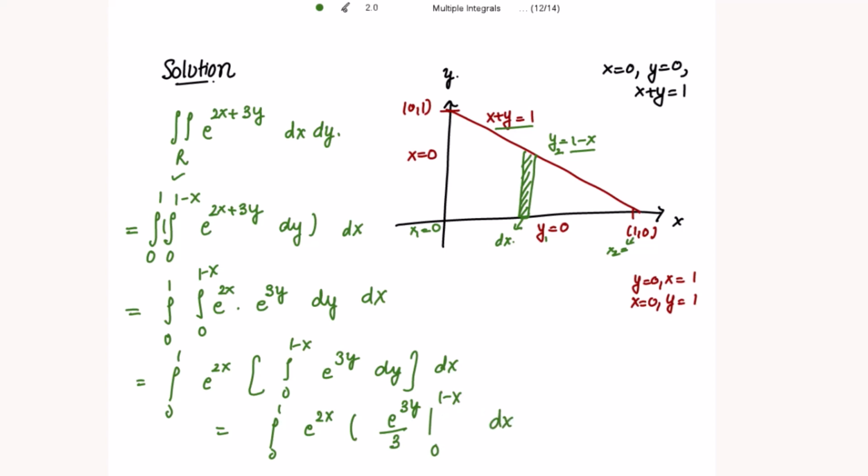Now putting the limits inside, we get the integral from 0 to 1 of 1 over 3 times (e to the power 3 minus x minus e to the power 2x) dx. Now this is very simple: taking 1 by 3 outside and then integrating with respect to x.